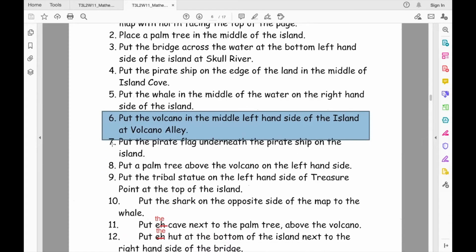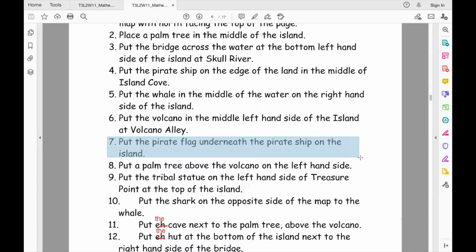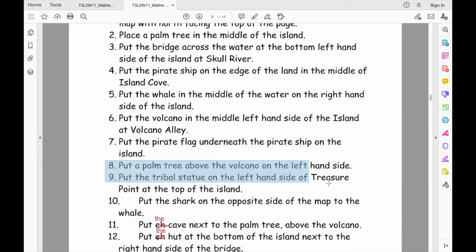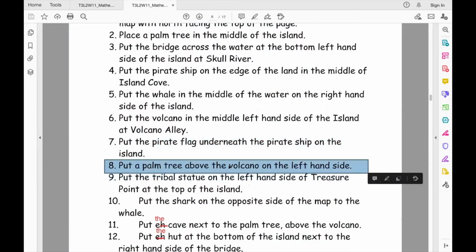Number 7, put the pirate flag underneath the pirate ship on the island. Number 8, put a palm tree above the volcano on the left-hand side.